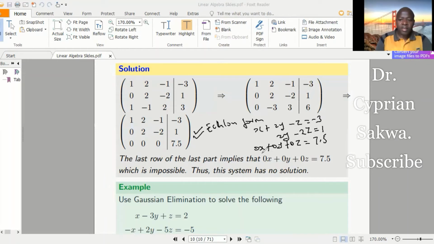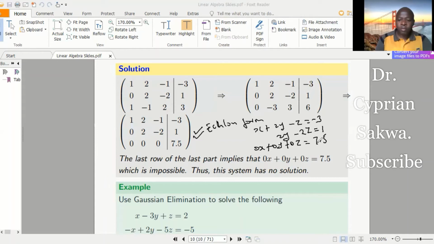It's this last equation that interests me, that we can get values for x, y, and z such that when multiplied by 0, they give us a non-zero number.